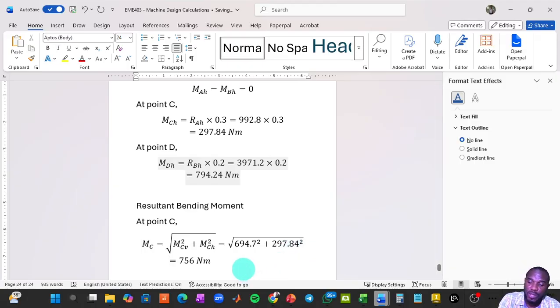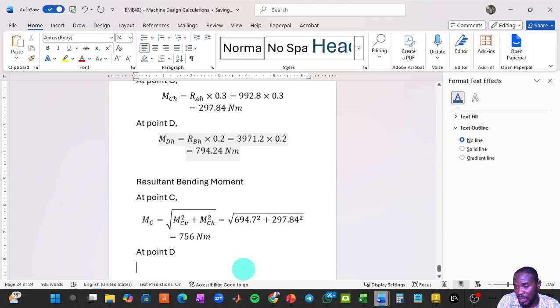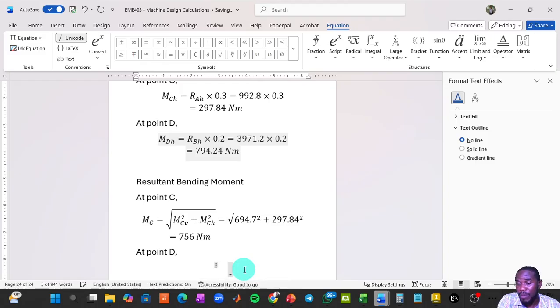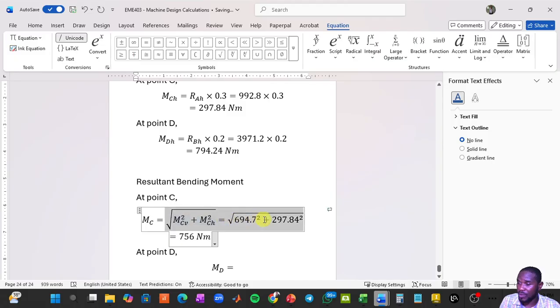So let's find the one at point D and see which is bigger. At point D, the bending moment is the square root of the same thing that we have here. I'm just going to copy all of that and edit, to save our time.